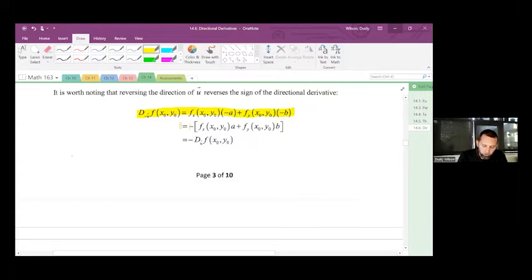You could factor out the negative, so this would be equal to negative times the partial derivative of f with respect to x at x naught, y naught times a, plus the partial derivative of f with respect to y at x naught, y naught times b, which would be the same thing as negative the directional derivative of f in the direction of u at x naught, y naught.